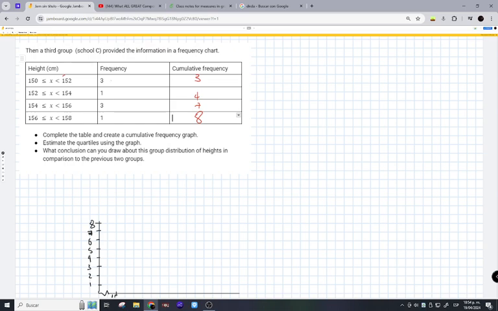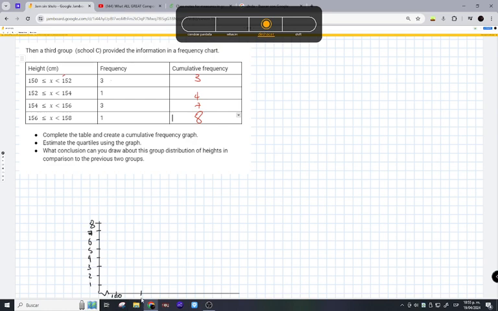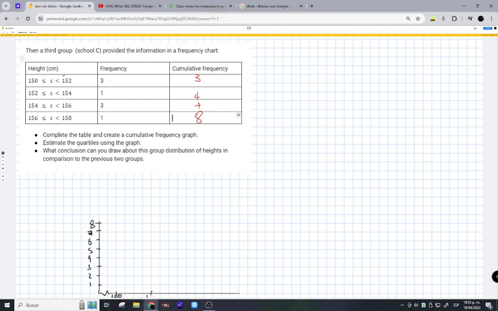Okay, let's try to do it as good as possible. 150, 152, I am going to use 3 squares. No, actually, let's use 4, just in case we want the exact half of it. 154.